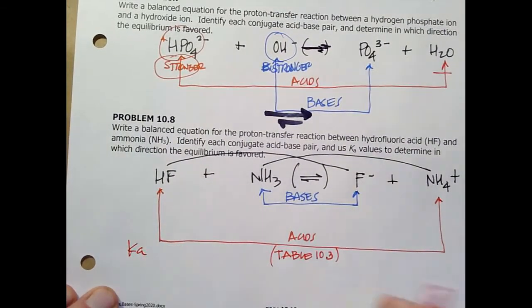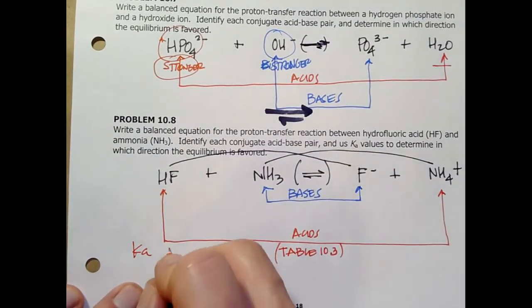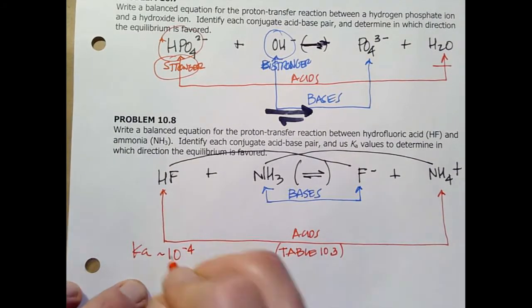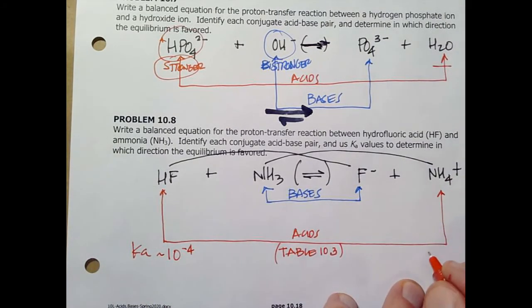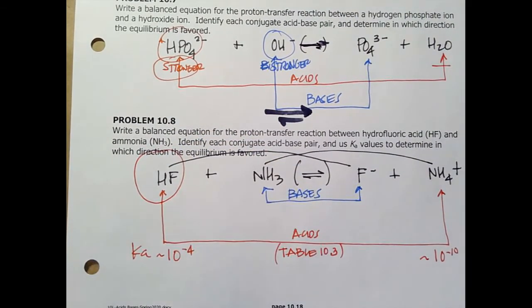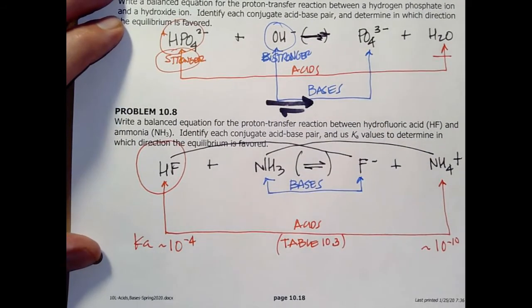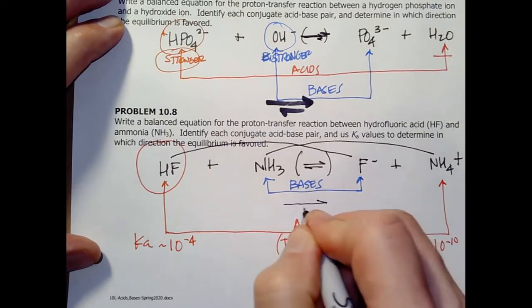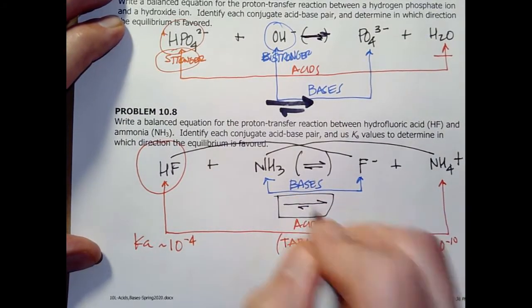Ka again for HF is around 10 to the minus 4. Ka for ammonium is around 10 to the minus 10. That's the stronger acid. And that means this whole thing is that.